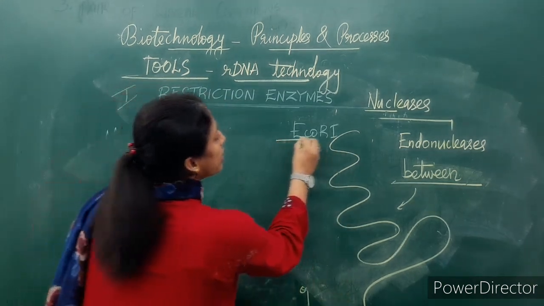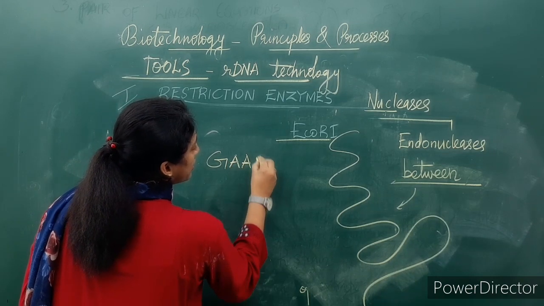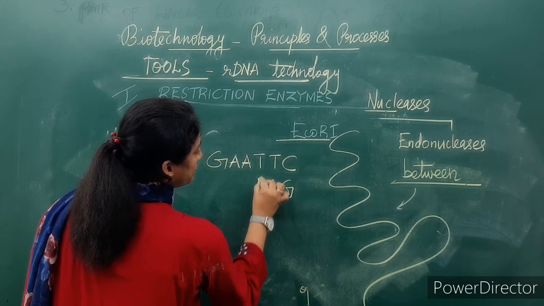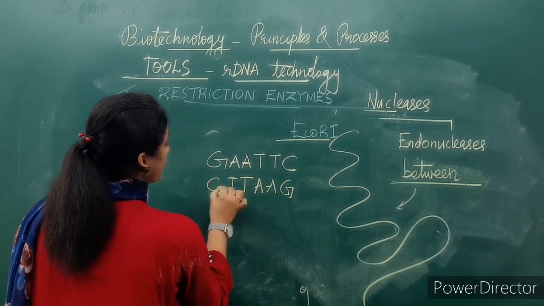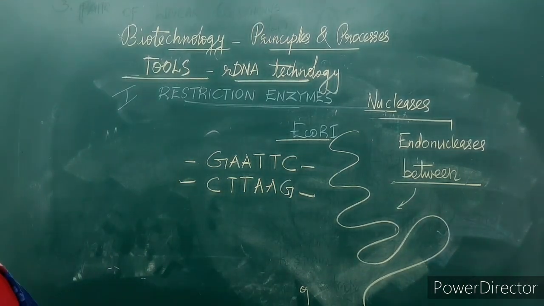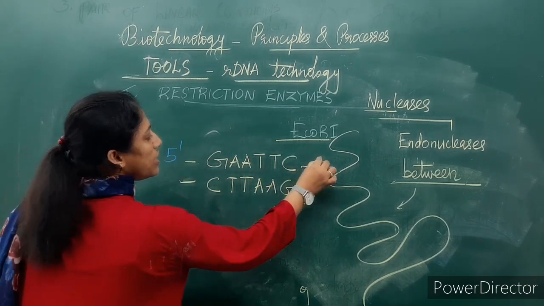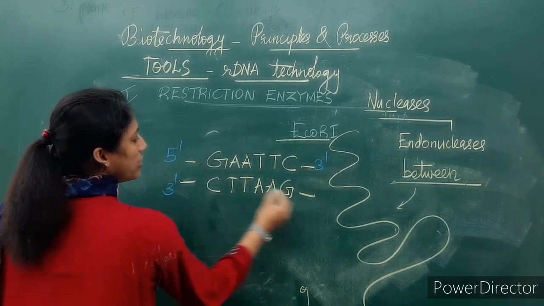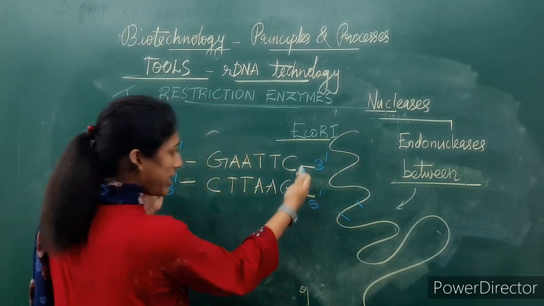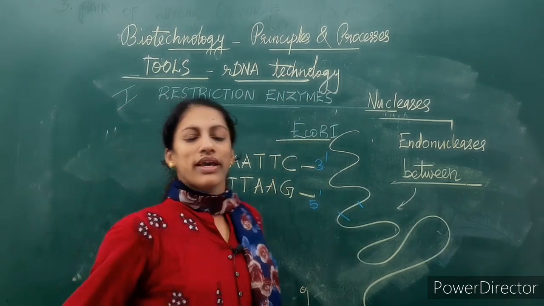For example, EcoR1 is able to cut only at a region where the sequence is like this. Listen here. If a portion of the DNA contains this sequence, only there can EcoR1 cut.